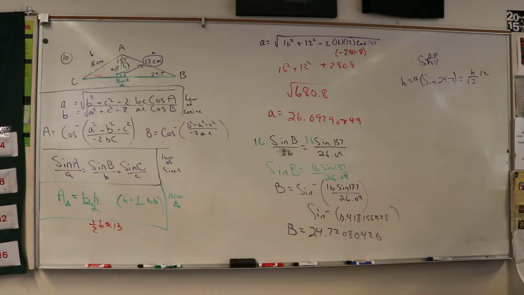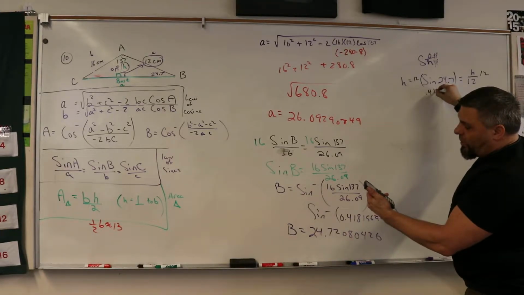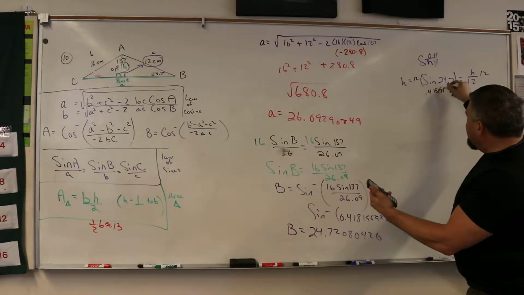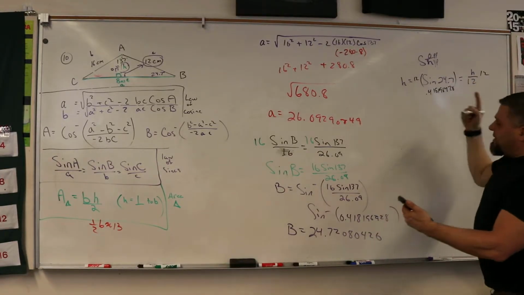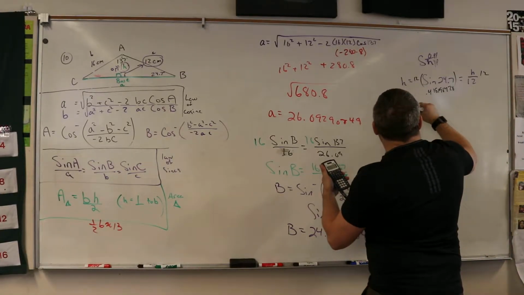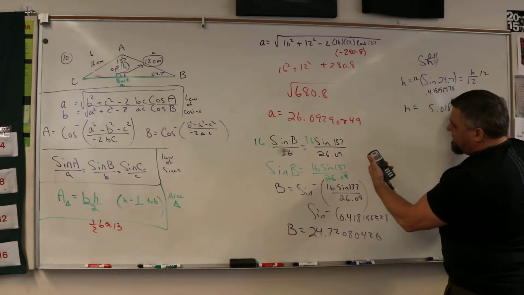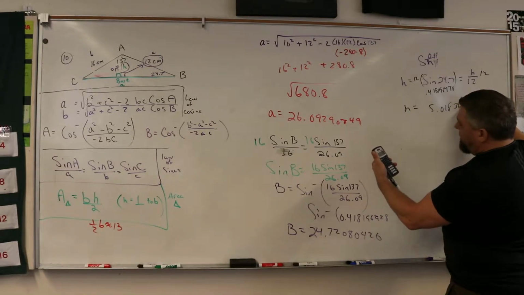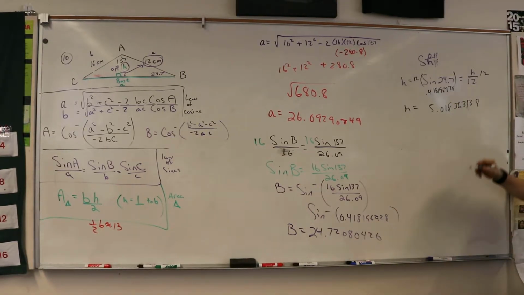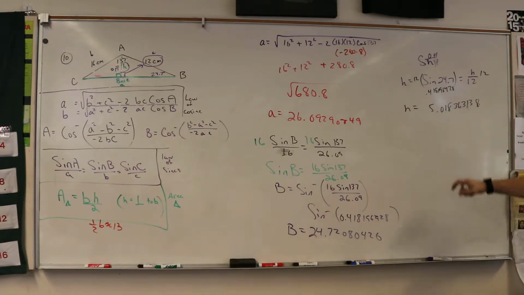So, sine of the answer, okay, equals, so this is 0.418196928, and then I'm going to multiply that by 12, and that's your height. So the height is equal to 5.018363138.